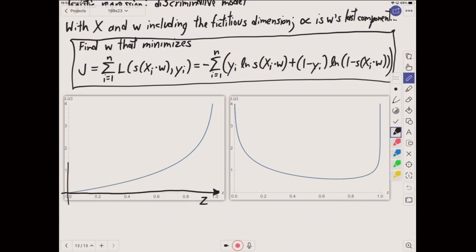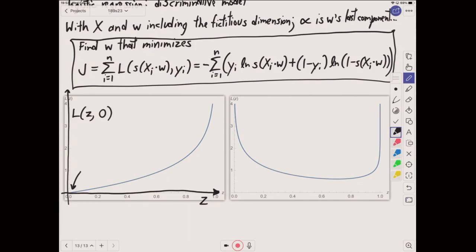The vertical axis in this one is the loss function given that the correct label is 0. So, as you might expect, a loss function is supposed to go to 0 when z equals y, when the prediction equals the correct label. Here the correct label is 0, so when z is 0, as you can see, loss is 0, just like you would expect. And as you move further away, it gets worse and worse.